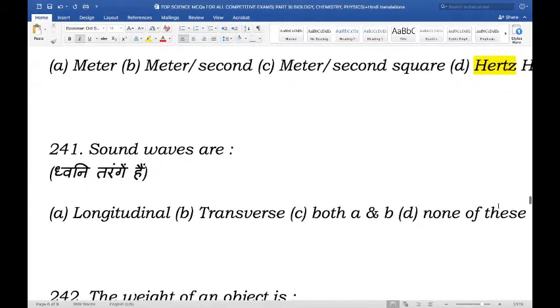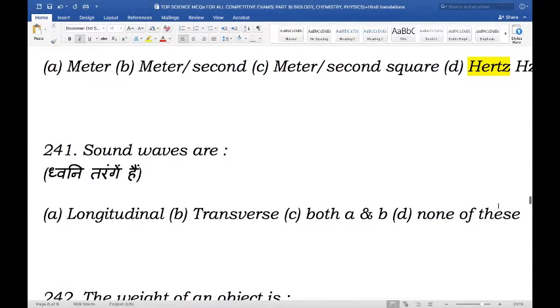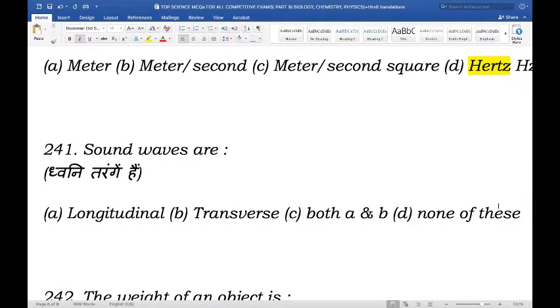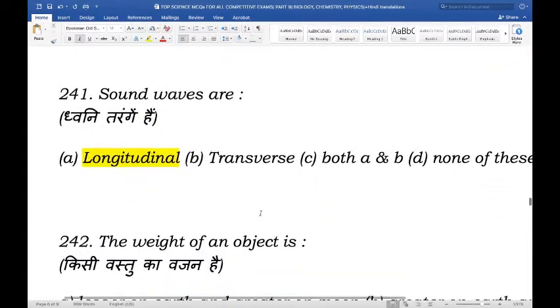Next question. Are sound waves A, longitudinal, or B, transverse, or C, both longitudinal and transverse, or D, none of these? So sound waves are longitudinal. And for reference, light waves are transverse waves.